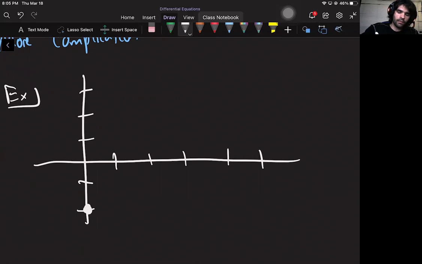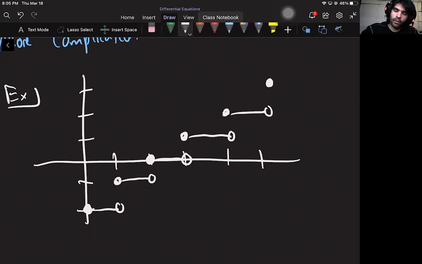You could have something that takes little steps up after each unit of time, something like this. It's an interesting step function that just jumps up by 1 after each unit of time.